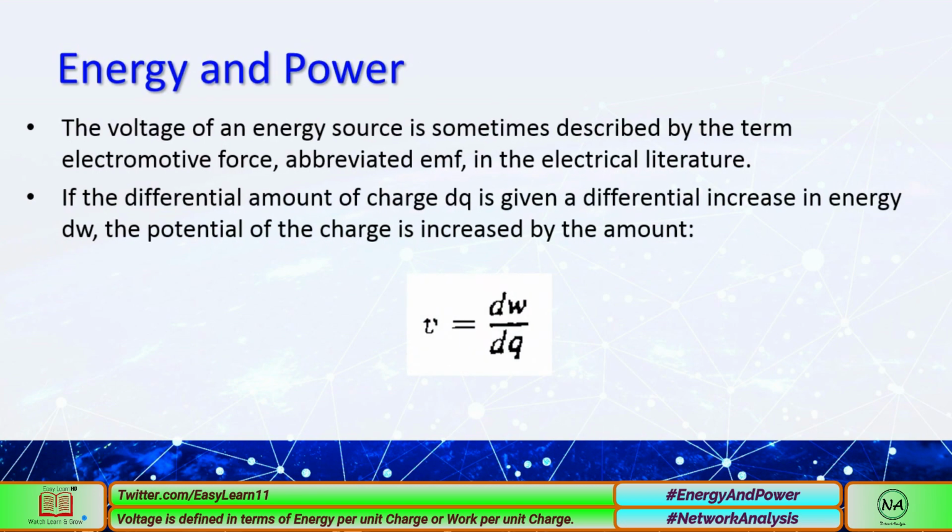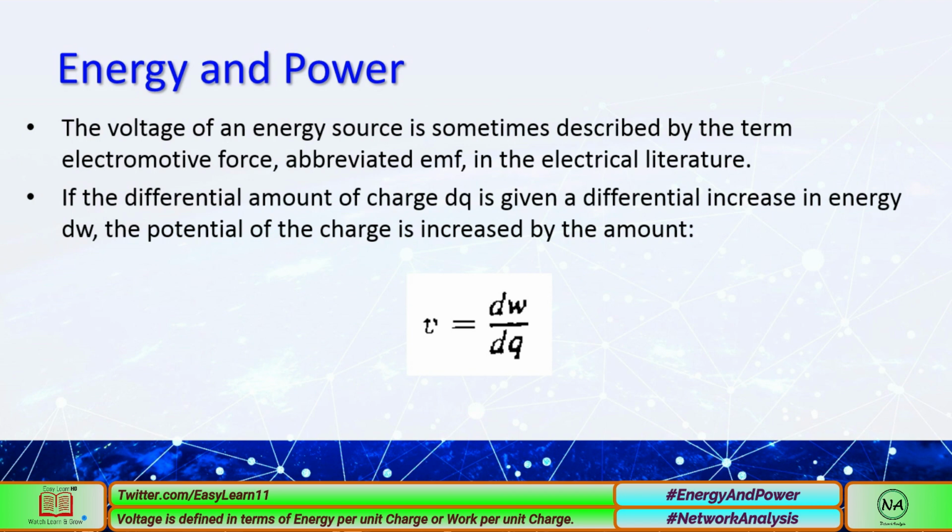Okay, now we are going to define voltage in terms of differentiation, because if you remember, we defined current also in terms of differentiation. Differentiation is basically the actual definition when we relate two terms with respect to another term.